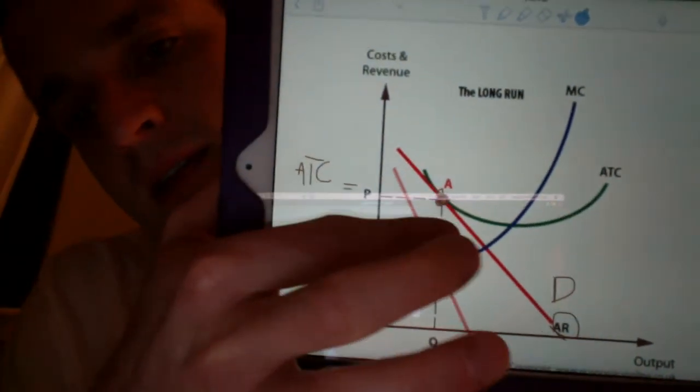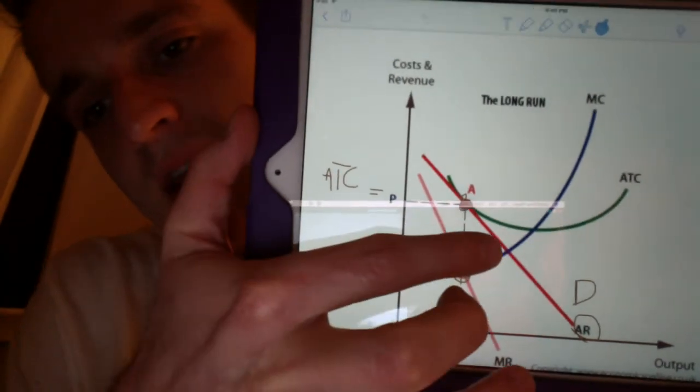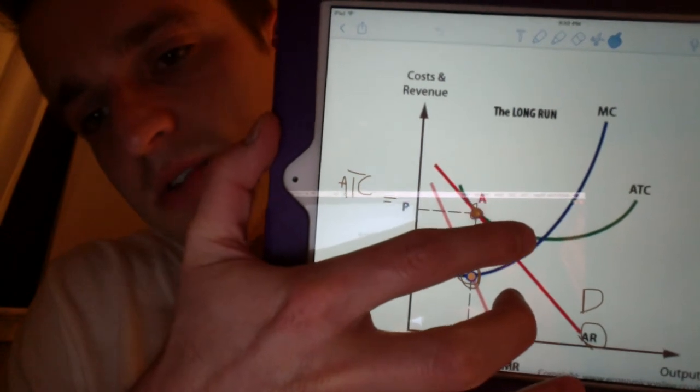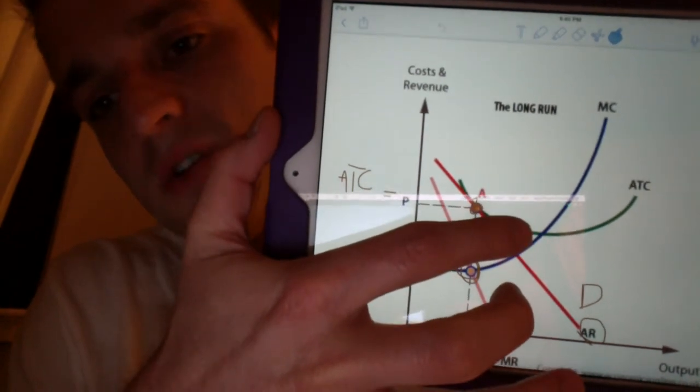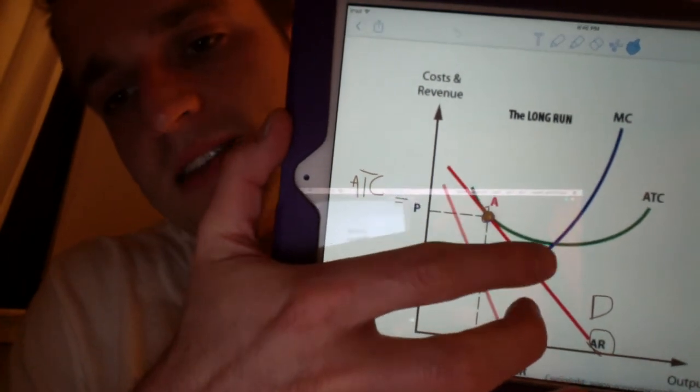However, demand is equal to average revenue right here, and average total cost right here. So this is where average total cost is minimized, which means that that's actually the point that we would be at the most efficient because we're producing the most goods for the lowest average price.